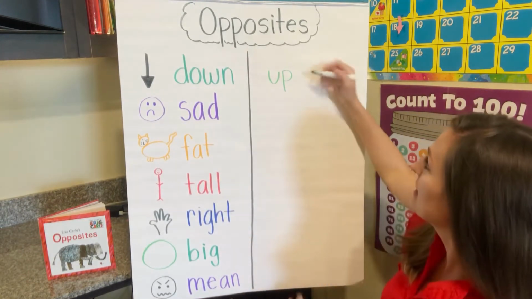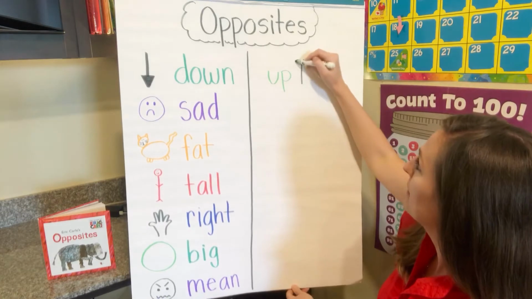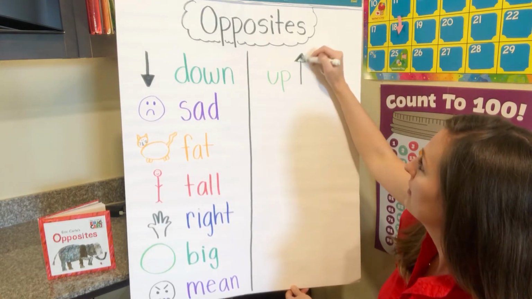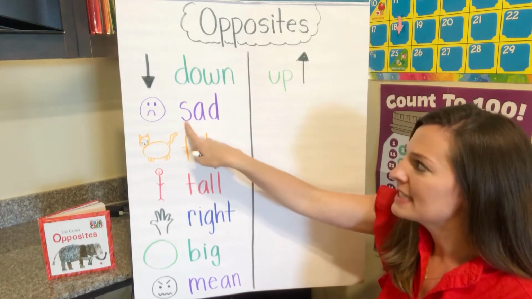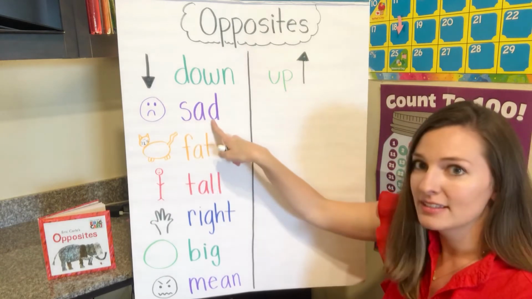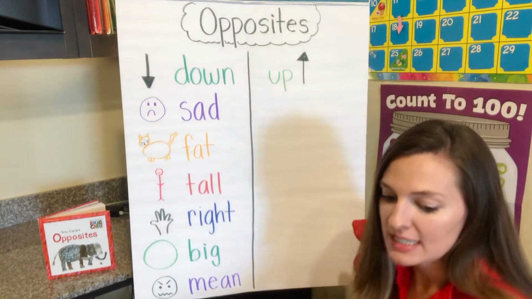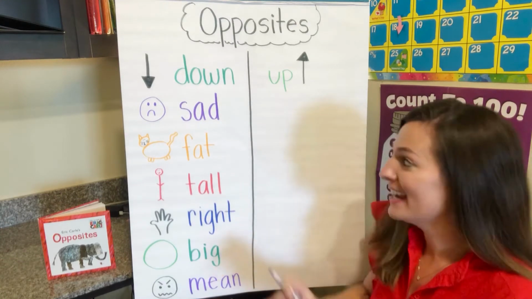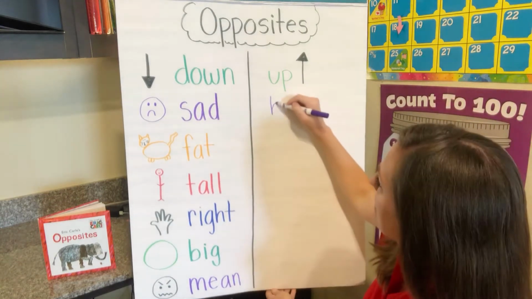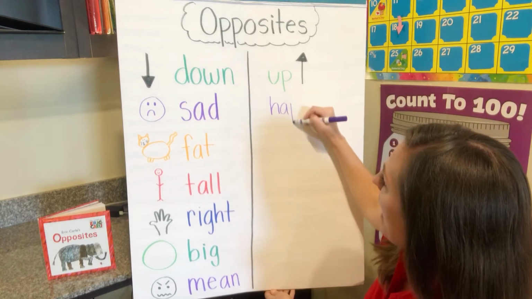So the opposite of down is up. So down and up. What's the opposite of sad? Happy, right? So the opposite of sad is happy.